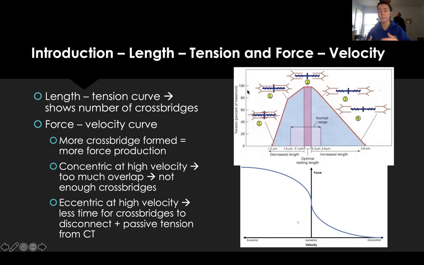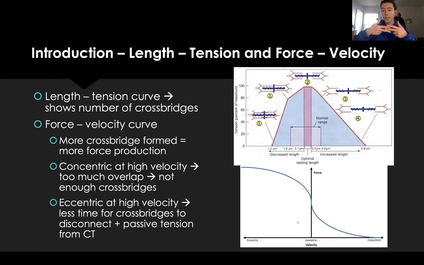And you're not going to be able to produce a lot of force like this. The second one up here is a little bit more lengthened, but still not great, though better than this. Right here is your optimal length, something that's not super stretched out and not too close together.